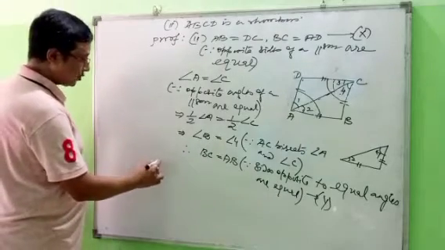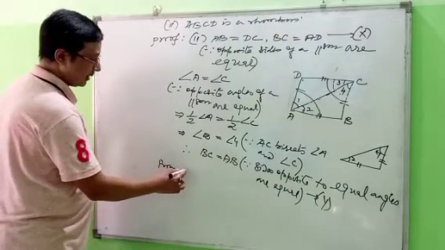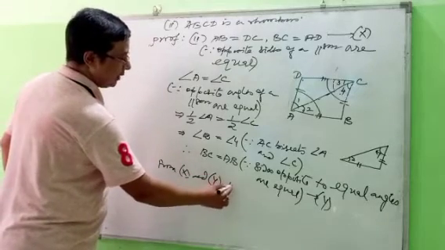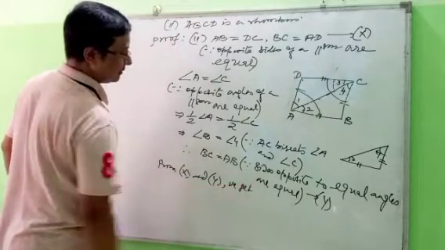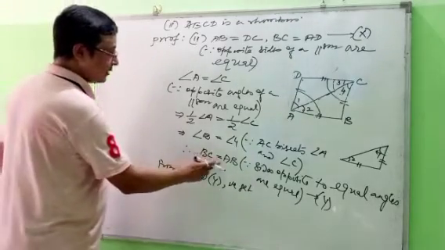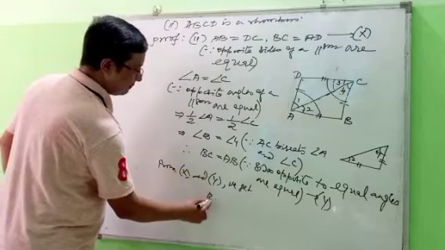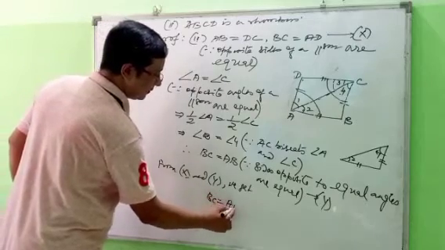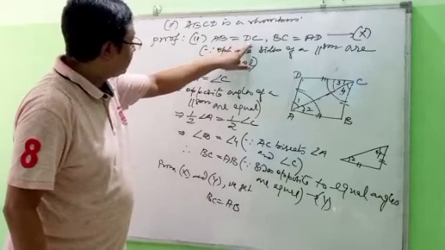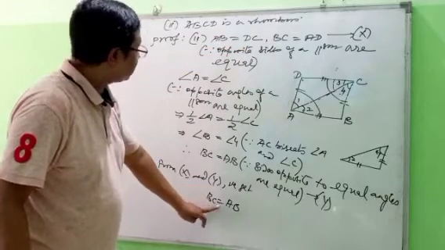So from comparing x and y, we get BC equals AB. Now you see AB equals DC. So the measurement of BC equals AB.